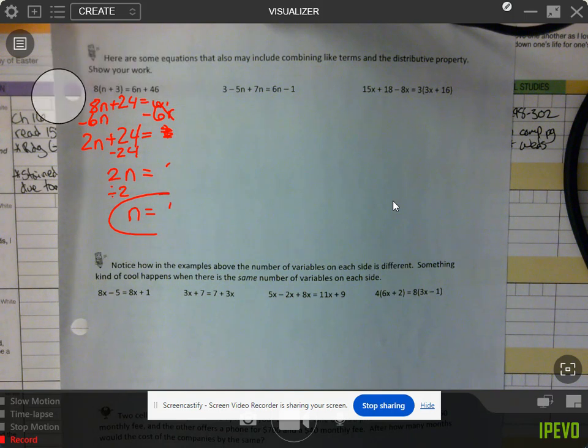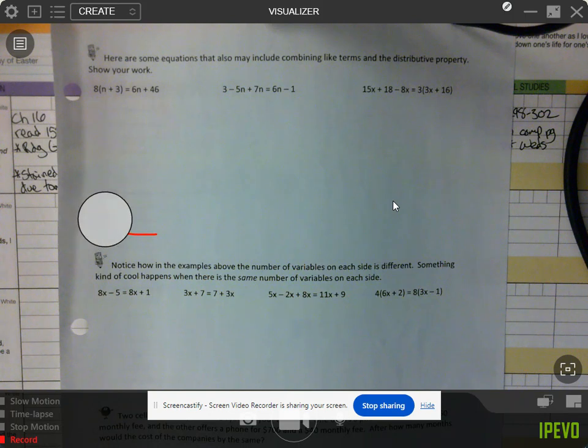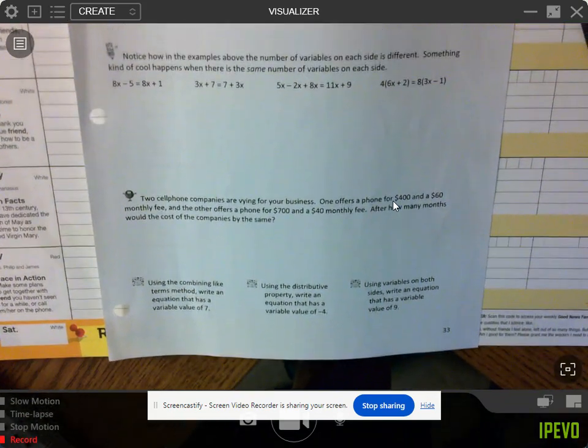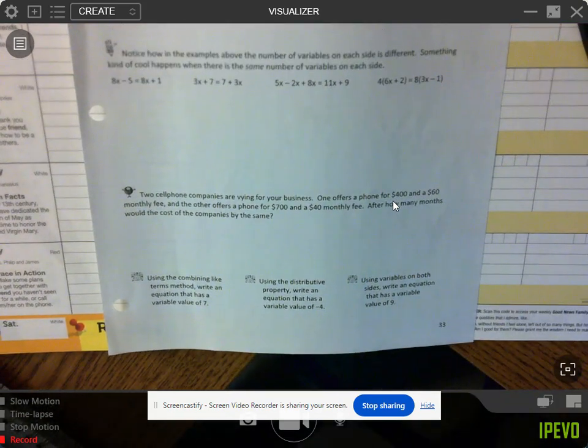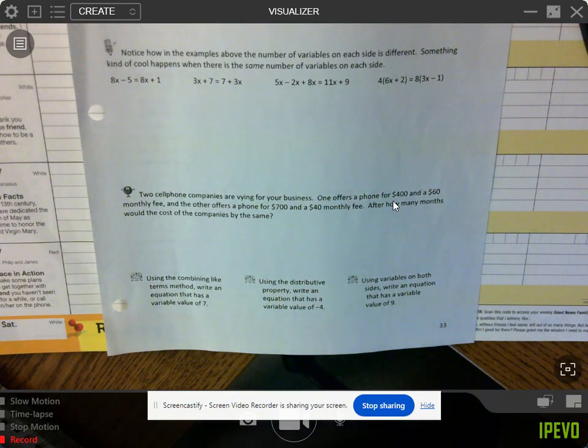The next section on our paper says, notice how in the examples above, the number of variables on each side is different. Something kind of cool happens when there's the same number of variables on each side. So if we look at that, what happens when we have 8x minus 5 equals 8x plus 1?